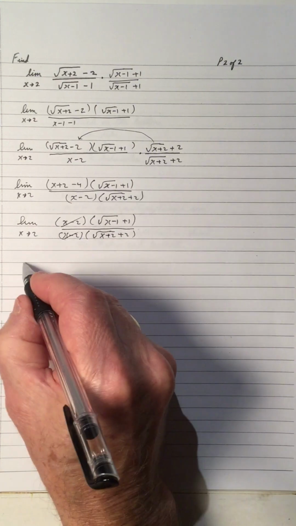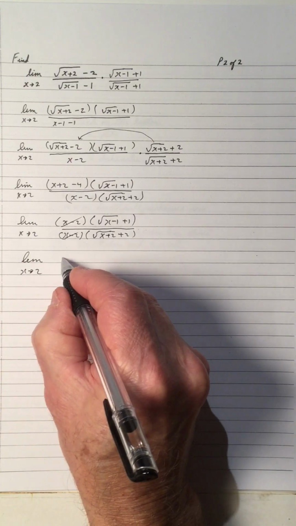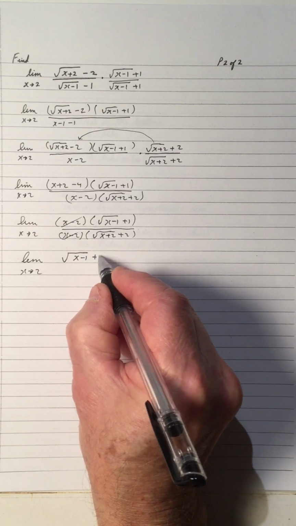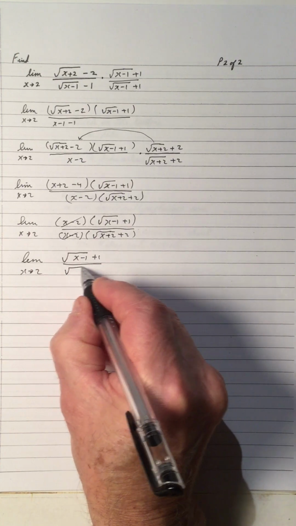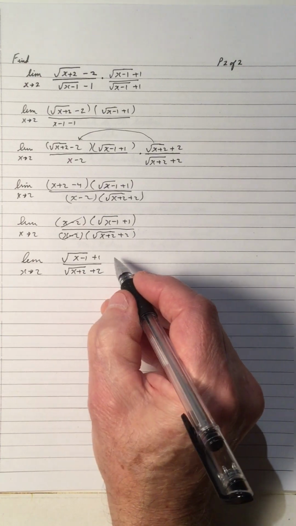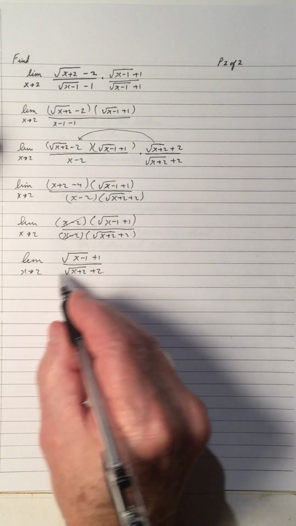They cancel out, so that gives us the limit as x approaches 2 of the root of x minus 1 plus 1, all over the root of x plus 2 plus 2. And now we have to take the limit as x approaches 2.